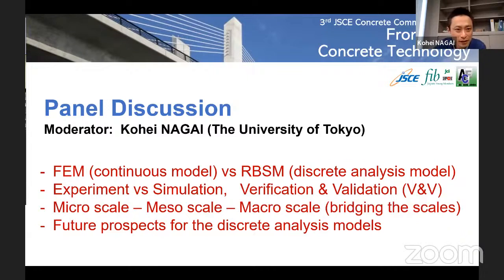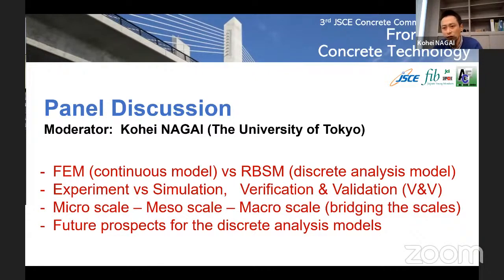Okay, sorry, so many questions come in, but I'm not sure whether we can answer them. Again, Professor Nakamura, a similar question: for the experiment you do to measure the cracking, how can you do V and V?